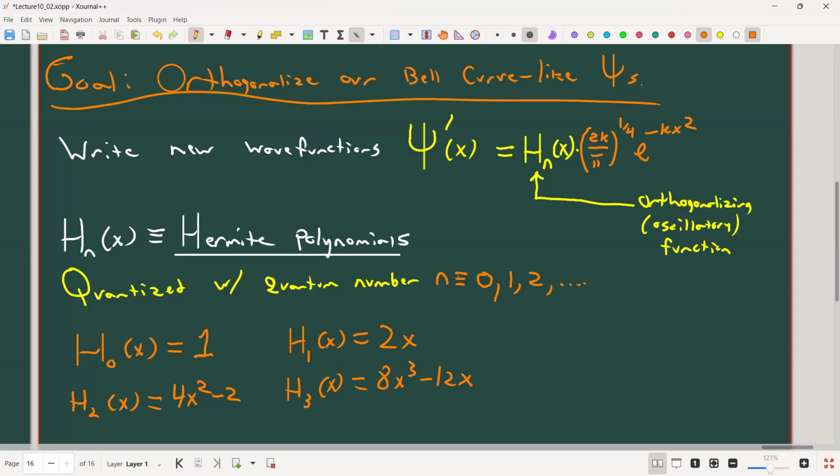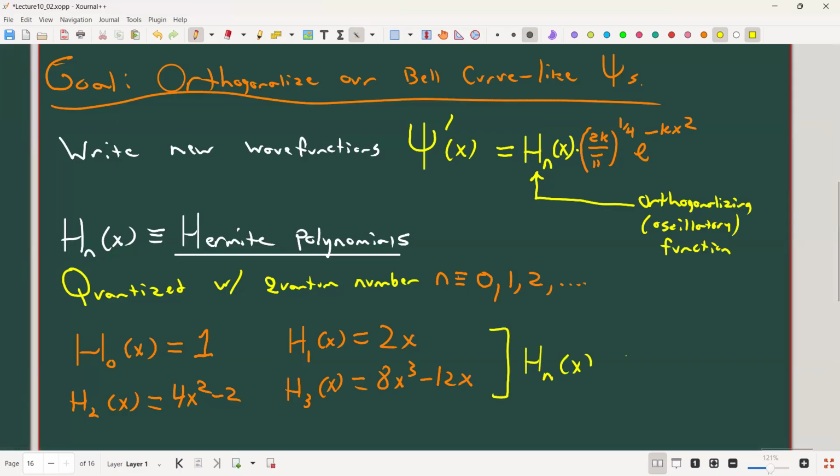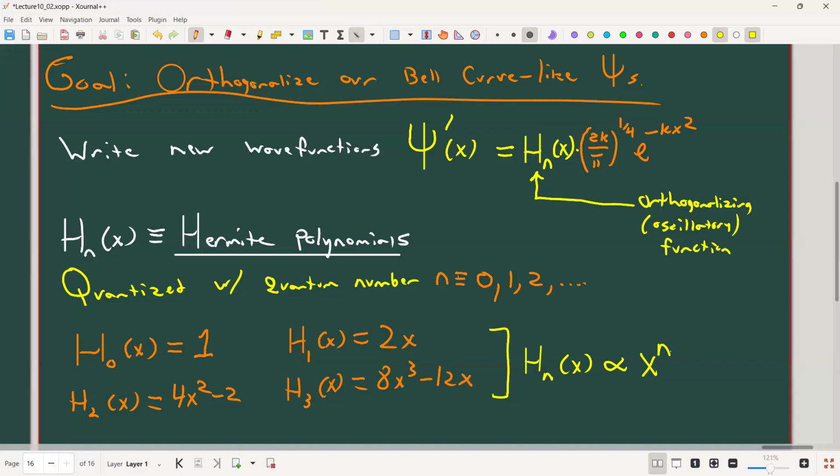But you can see that there's a pattern here. The pattern is that the nth Hermite polynomial looks like x to the n. Now, you guys should know that polynomials don't oscillate. They go to infinity and negative infinity, or if they're even, they go to infinity at both limits.